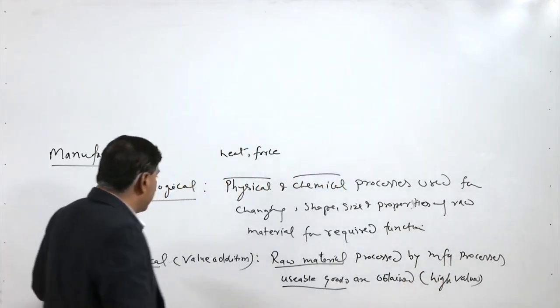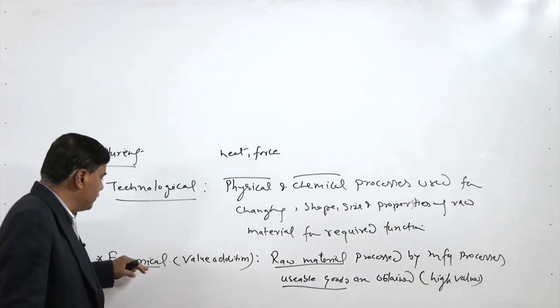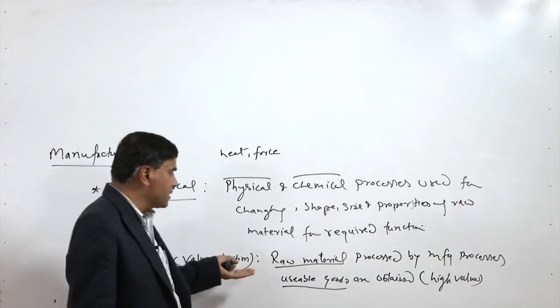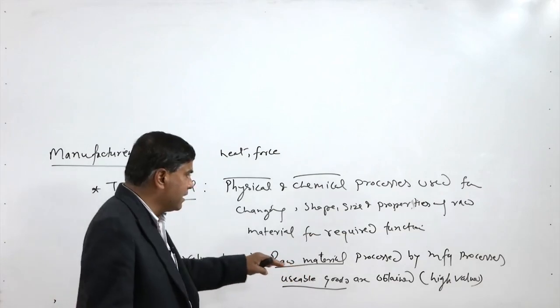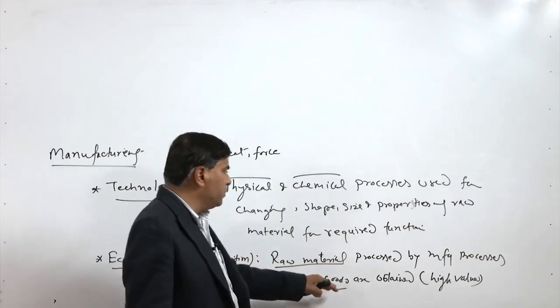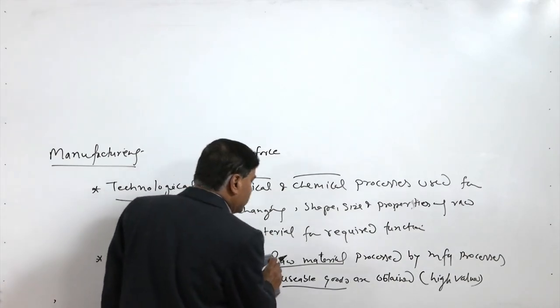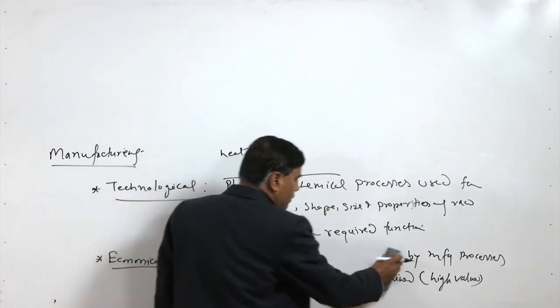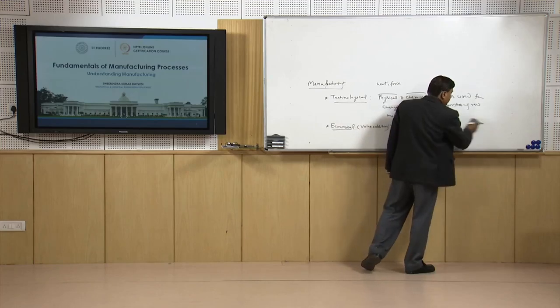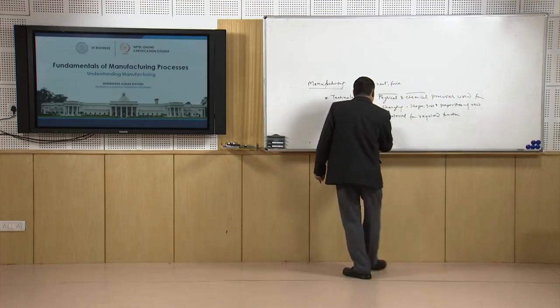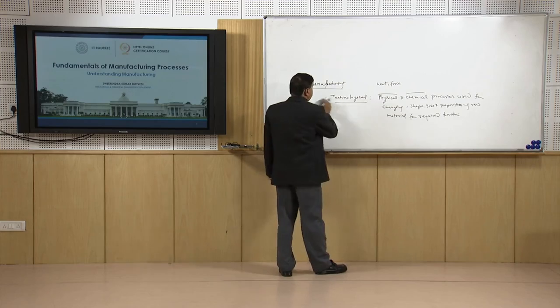So, economically, manufacturing is a value addition process wherein the raw material is converted into usable goods by the manufacturing processes, and the goods which are produced and used by human beings will be of higher value.